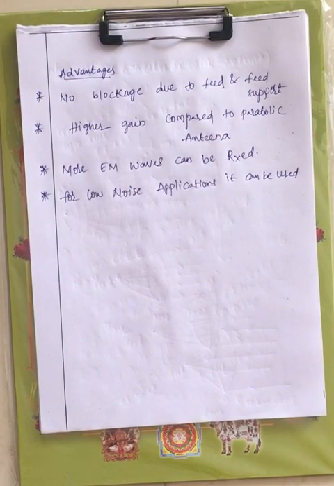One is there won't be any blockage of the signals. Because of that no blockage, you can receive more number of EM waves, right? And another advantage is higher gain. If you compare with the gain of your parabolic antenna that we will see in the next lecture, the gain of your lens antenna is greater than the gain of your parabolic antenna, right?